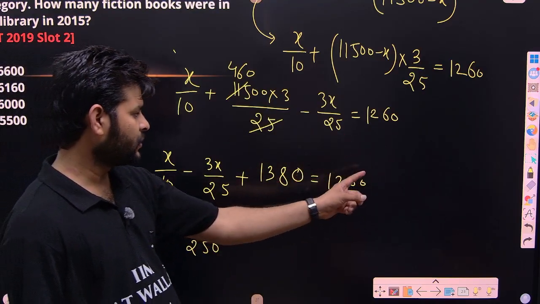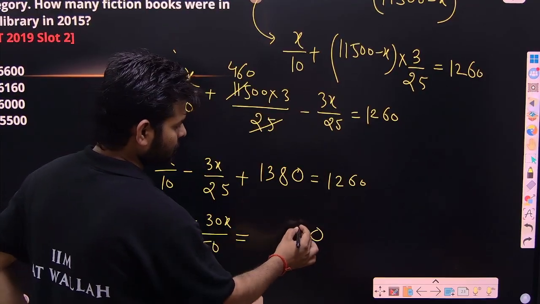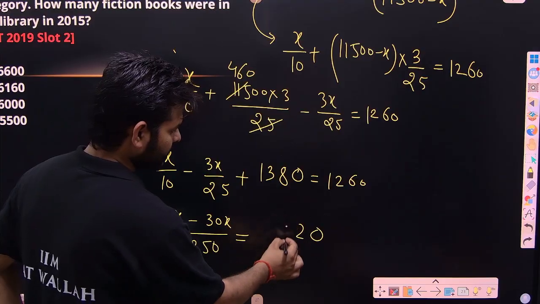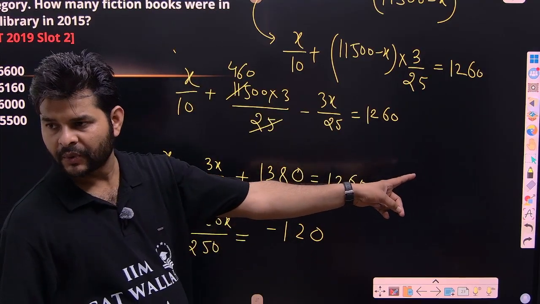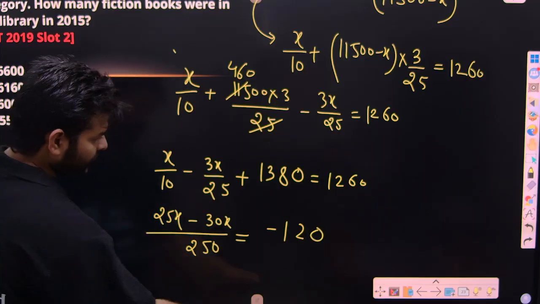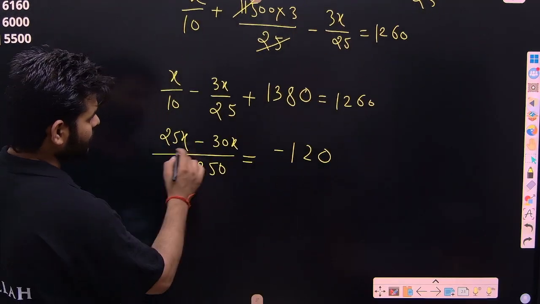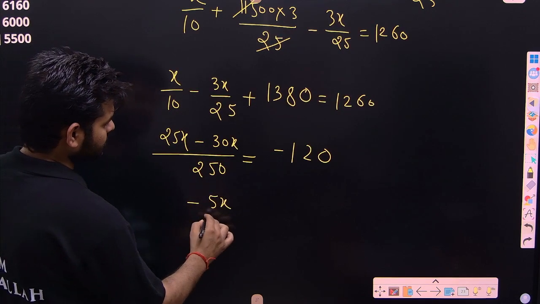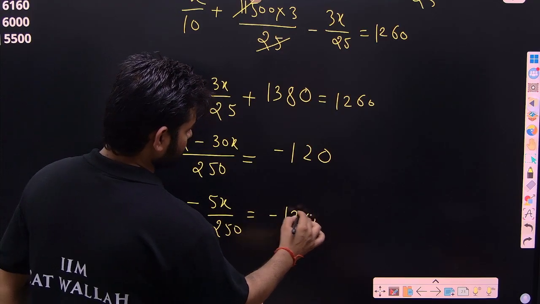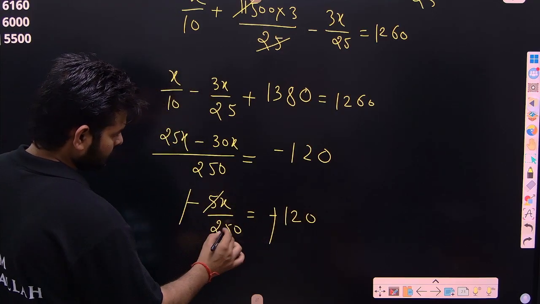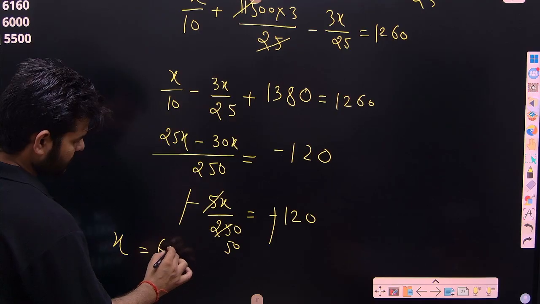That value would go there, so that would be minus. So from here you will get minus 5X equal to minus 30,000. So X would be 6,000.